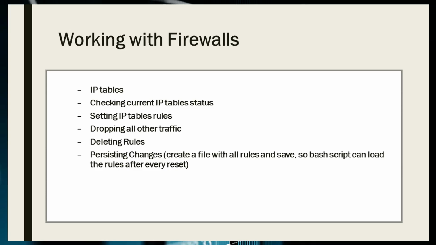One thing to note is that when you set your rules in a firewall, most of the time they stay in random access memory. That is, if you reset your device, the rules disappear. So one thing you do with firewalls most of the time is set the rules in a text file and save it, so that anytime you boot up, the firewall can make reference to the file, load and work with the rules that you have determined.